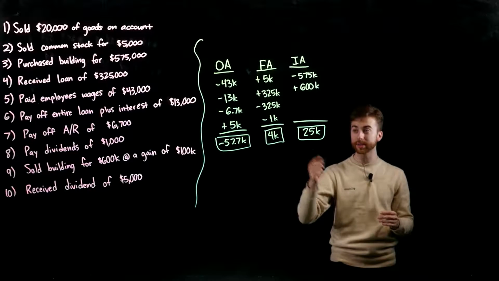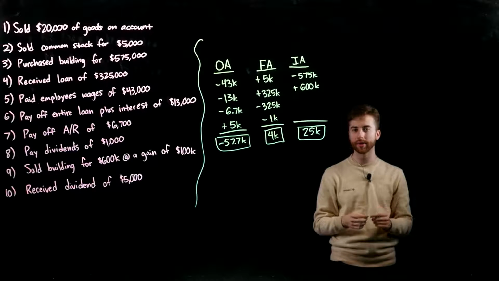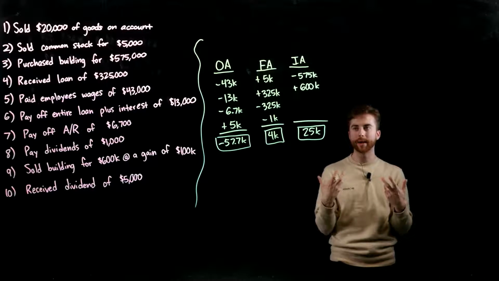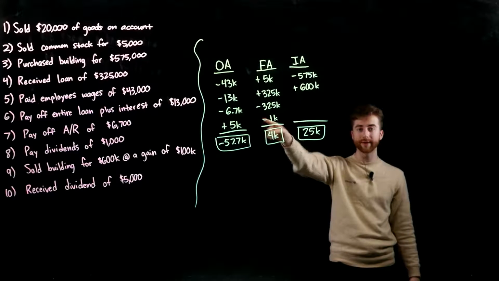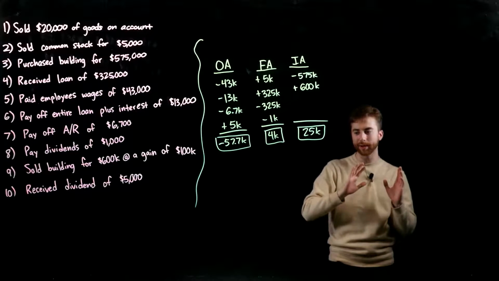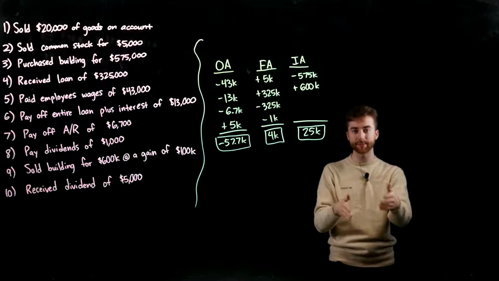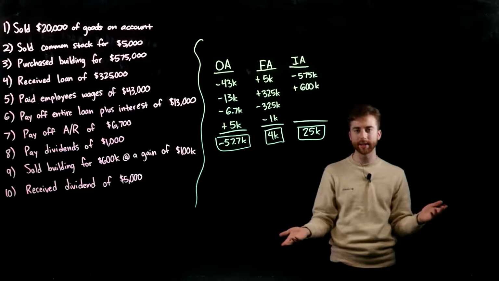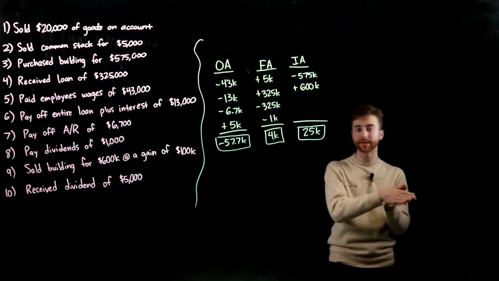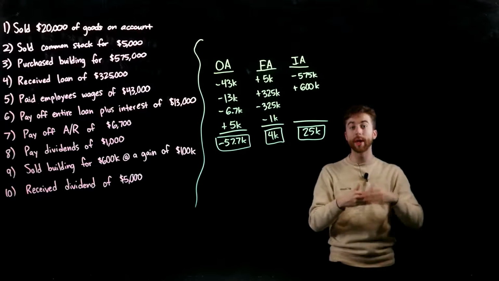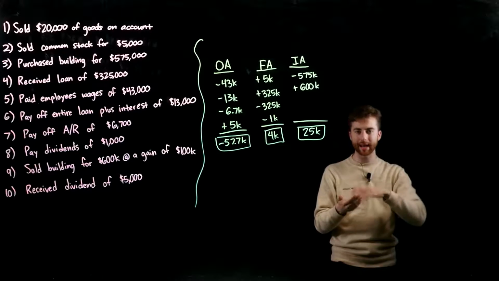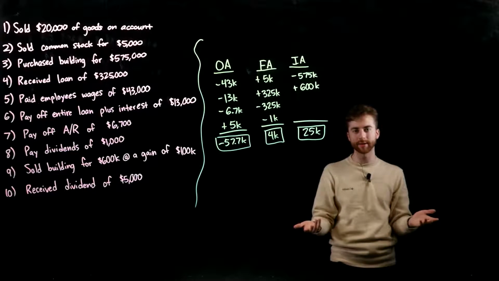As far as the interest is concerned, this is one of the oddball ones that you may not realize initially, but we didn't borrow the interest, keep in mind. We borrowed $325,000, but whomever gave us that loan, let us borrow that money, isn't doing it for free. They're doing it so that they can get interest on it. So when we pay them back, we end up giving them the full amount we borrowed, plus a little bit extra that helps it make sense that they gave us the money in the first place.